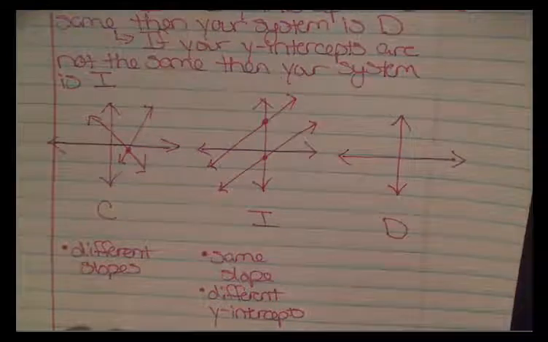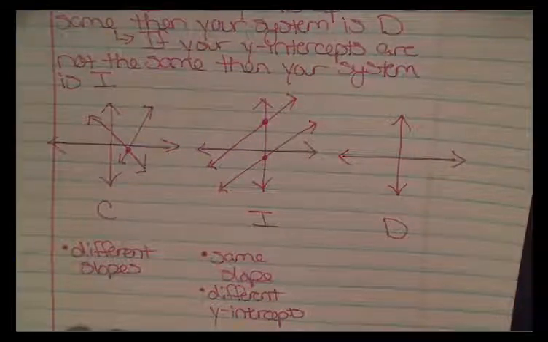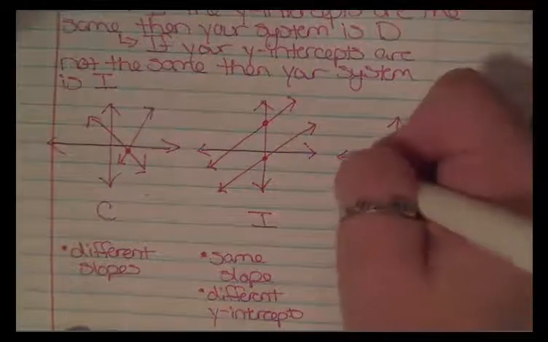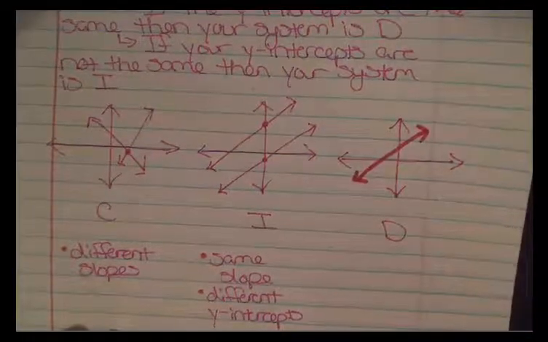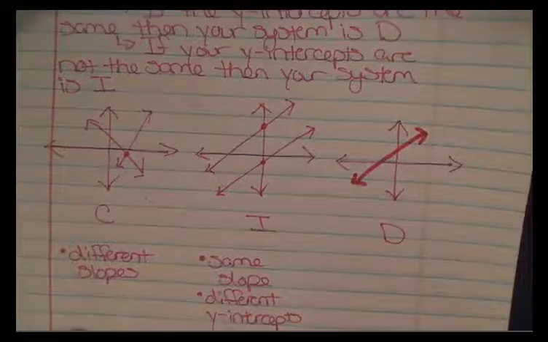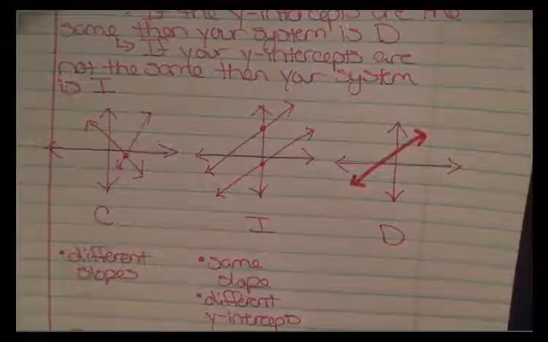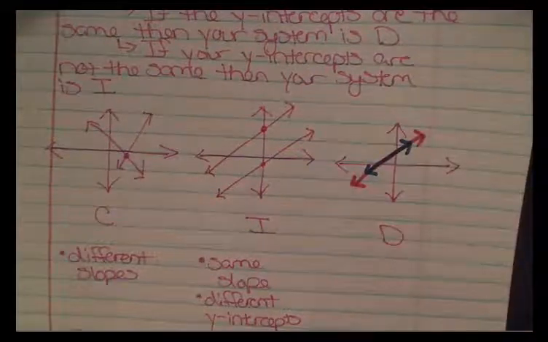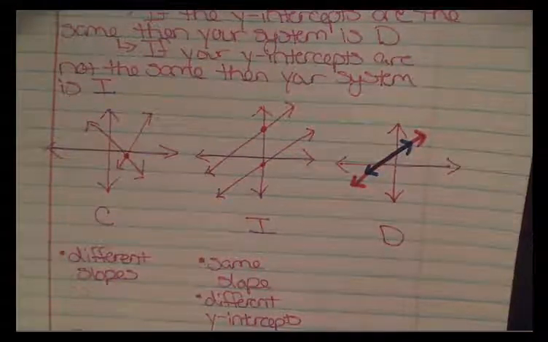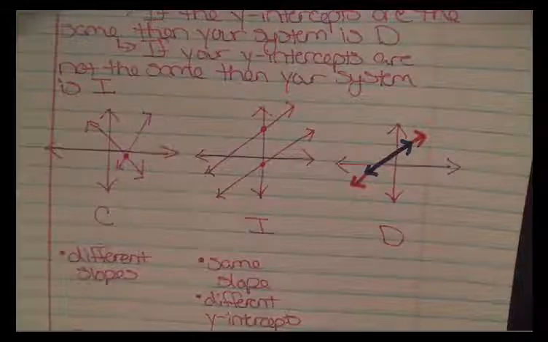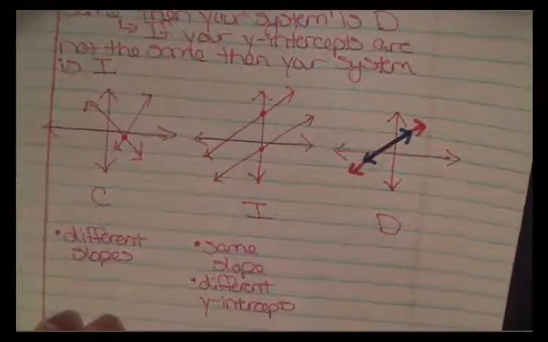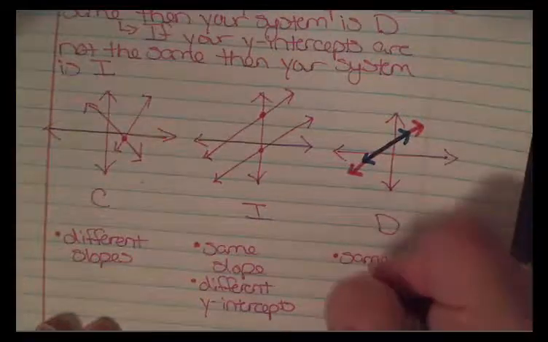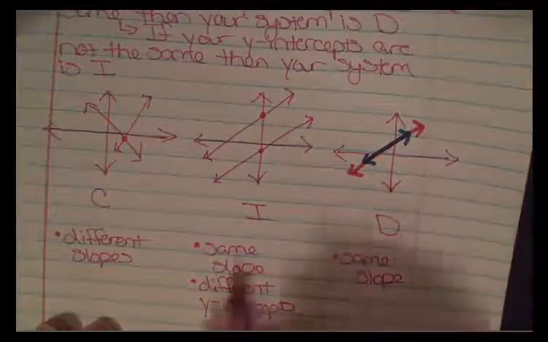That's your line with the other line on top. So if the line is directly on top, then that means it's going to have the same slope. But unlike parallel lines over here, like our inconsistent ones, these are going to have the same y-intercept.